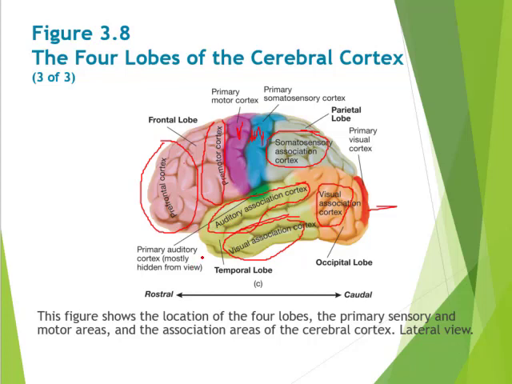The other important thing that you can't see because it's hidden from view is the primary auditory cortex, and that's highlighted over here in green, although it's mostly hidden from view.